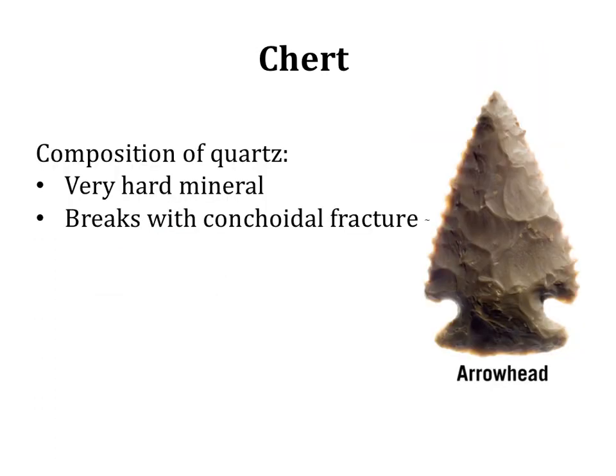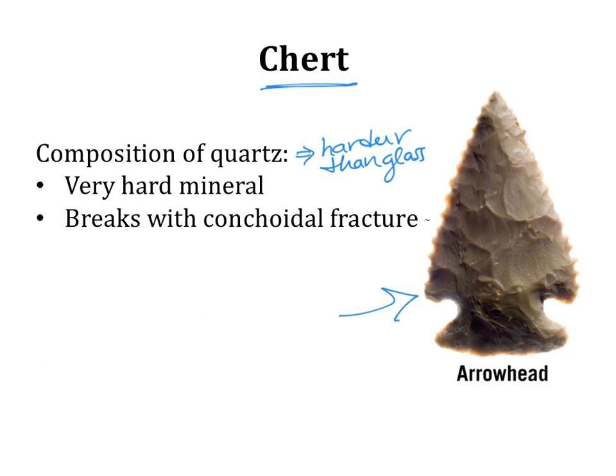The mineral quartz is very hard, right? It's harder than glass. For that reason, it was made into cutting tools. So chert, the rock, is often found as arrowheads or other hand tools.